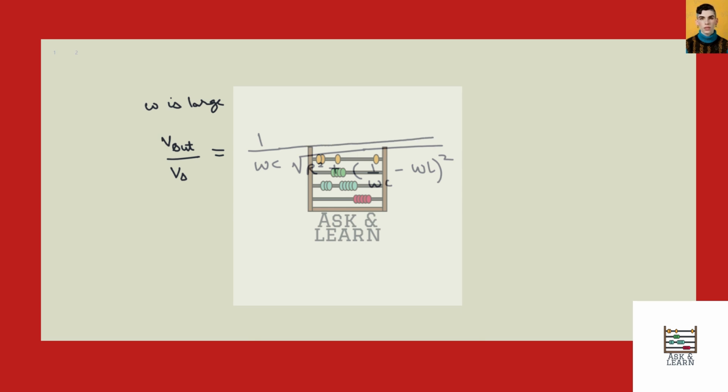If omega is large, we can just ignore this value here, because this factor will be small if omega is large. So this would become 1 over omega C times the square root of omega L whole square. So this comes out to be 1 over LC omega square.